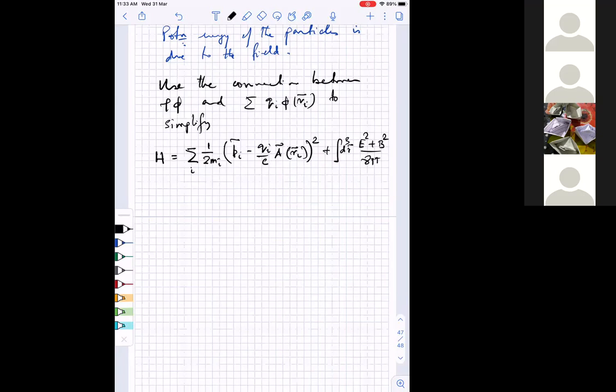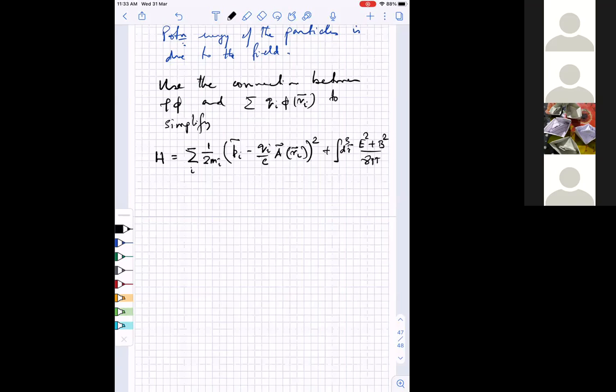So we have, again, some term which is due to the field and some term which is due to the particles. But something strange has happened over here, right? So you should be immediately saying that this is not right, because I have the energy of the field, I have the kinetic energy of the particle.